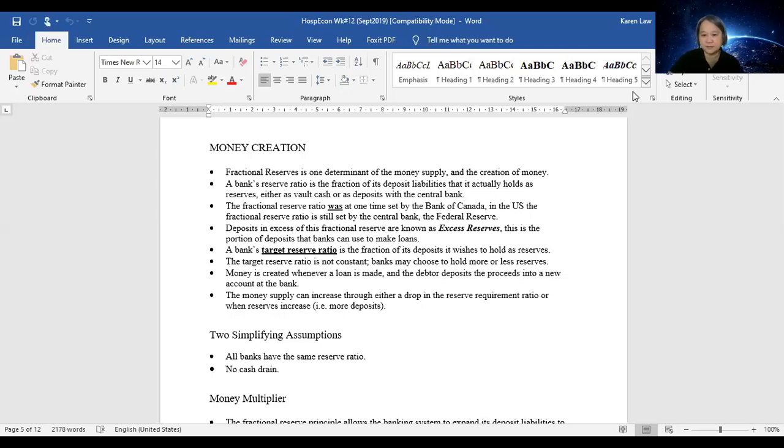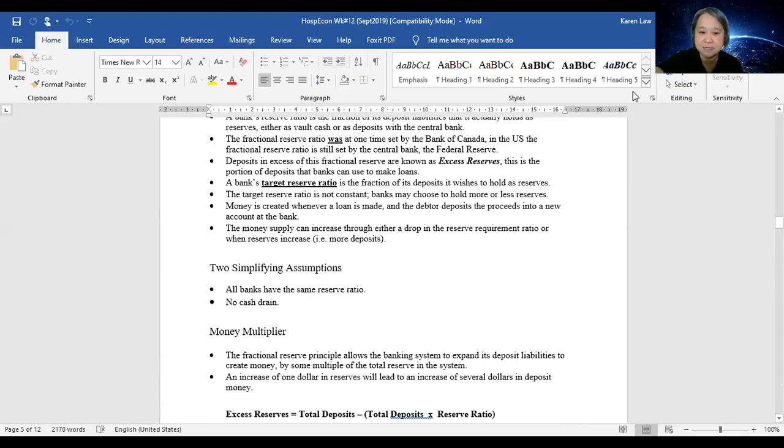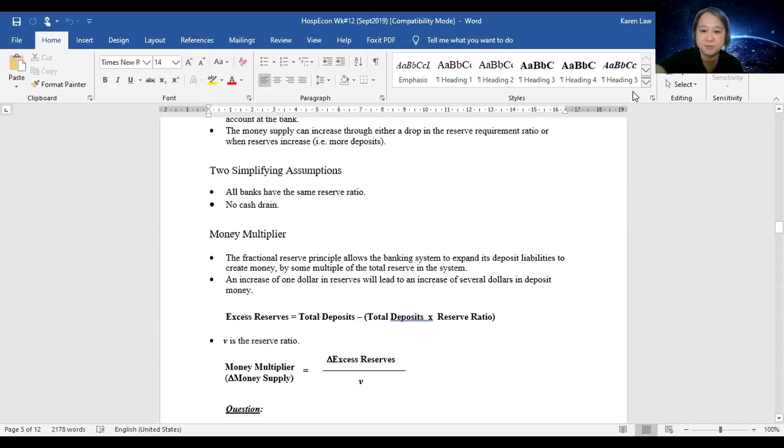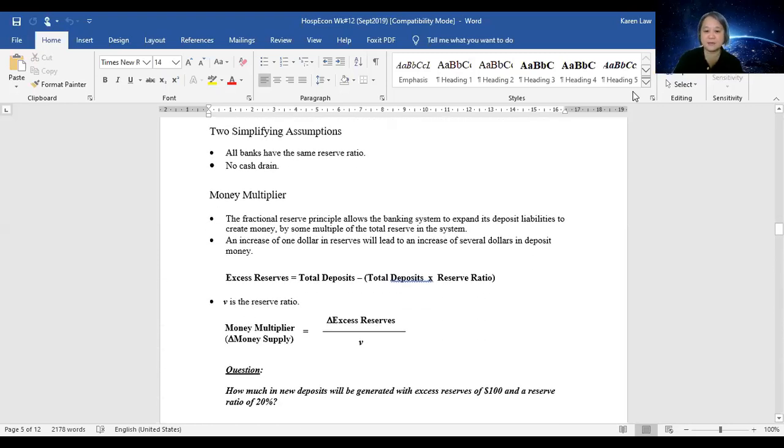Because of the principle of fractional reserve, anytime a deposit is made, the bank, through lending money, will increase the money supply by a multiple of what actually came in. Now we're talking about the money multiplier.